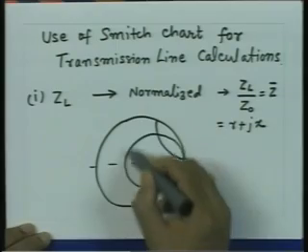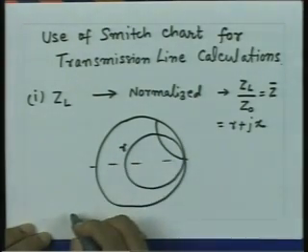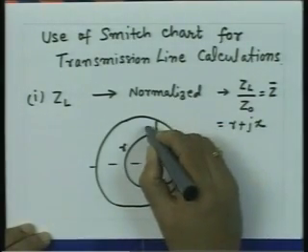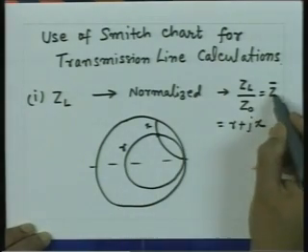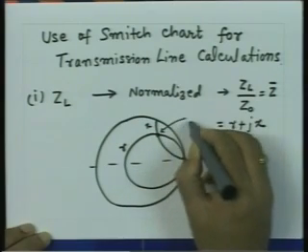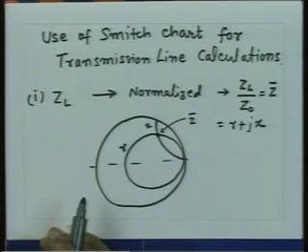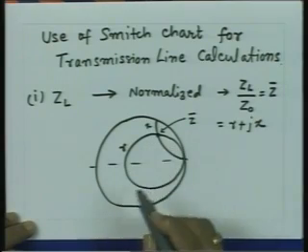The intersection of these two circles, the constant resistance circle having value R and the constant reactance circle having value X, represents this normalized impedance Z. So, this point here is that point.